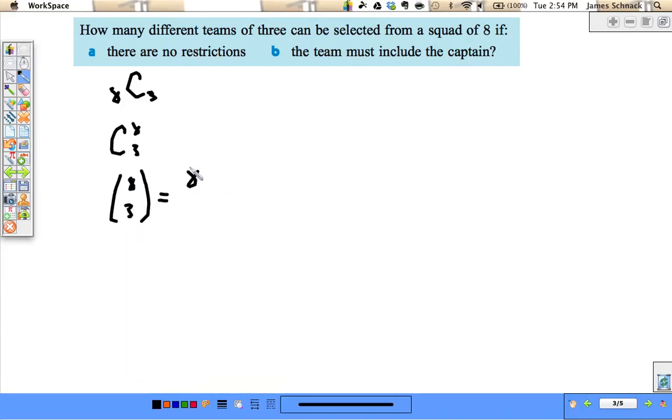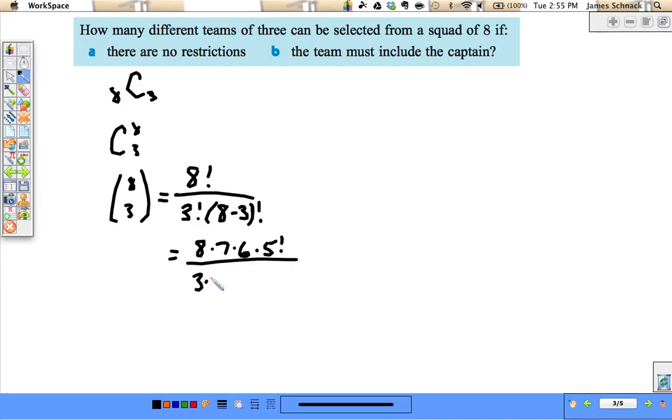And doing it by hand, 8 factorial over 3 factorial times 8 minus 3 factorial. We can use our skills with factorials to do some simplifying. 3 times 2 times 1 is 6. This is 56.